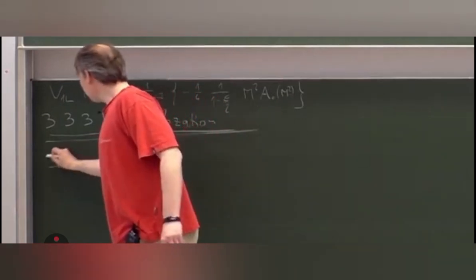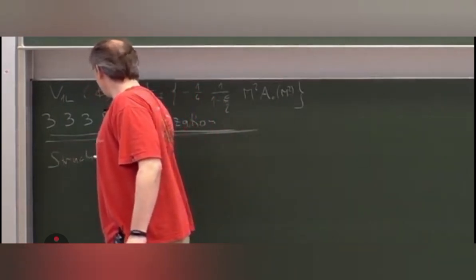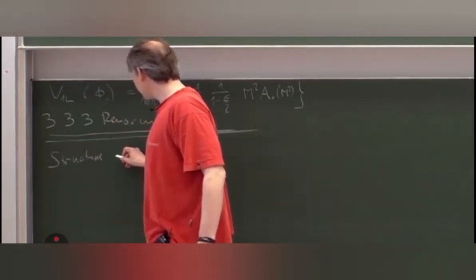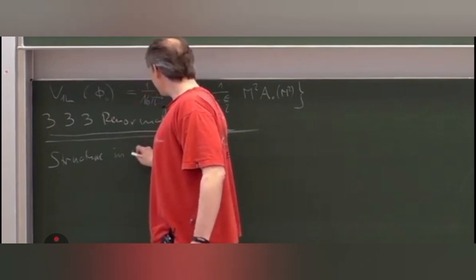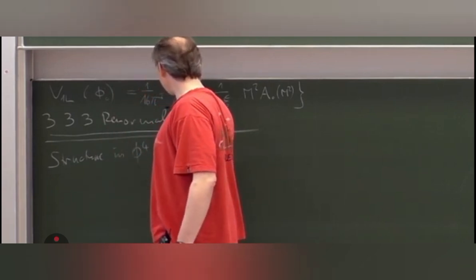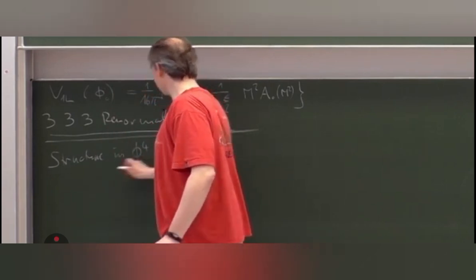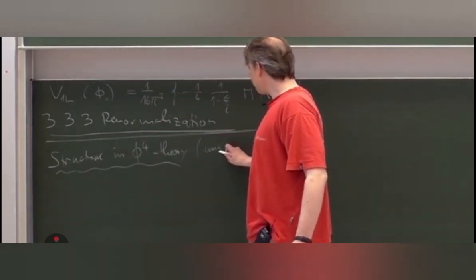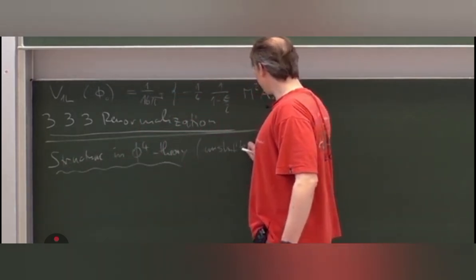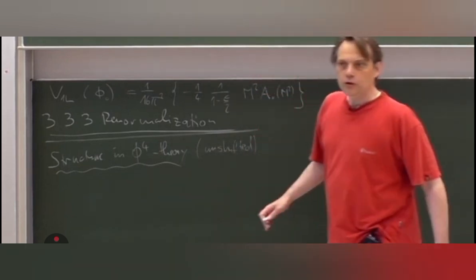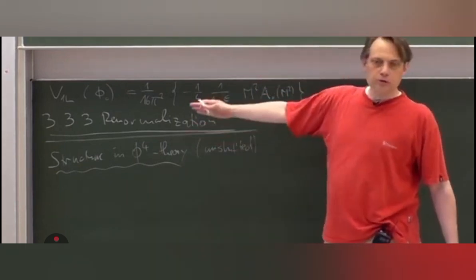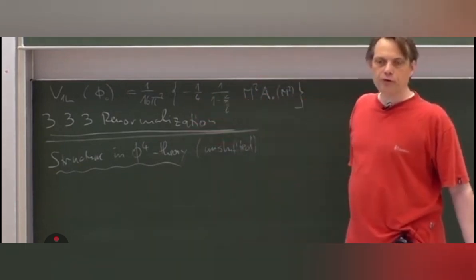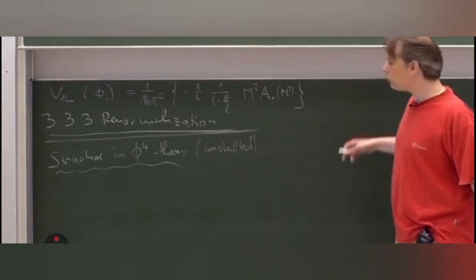So let us simply remind ourselves of the structure of renormalization in the phi to the 4 theory. The renormalization can be done in the unshifted theory, where we do not introduce the shift phi goes to phi plus phi 0 and derive new Feynman rules.